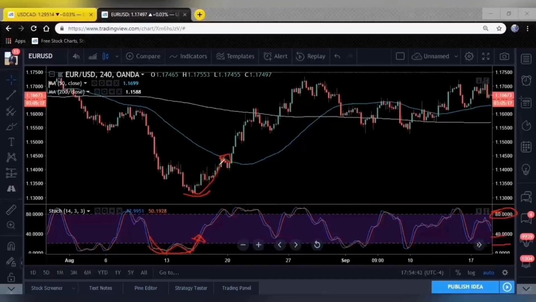After that reversal, the second indication that we have to stay in that trade is once price broke that 50 moving average and started moving above to represent a new support zone.